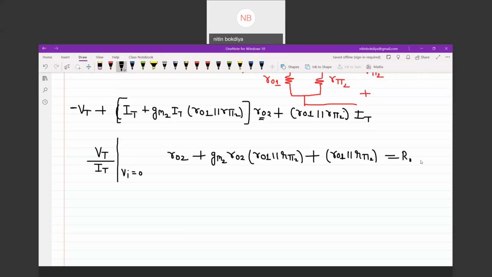So let's have some meaningful answer from this. This is R02 plus GM2 into R02 into R01, which is the higher resistance, and R pi 2 is the lesser resistance.